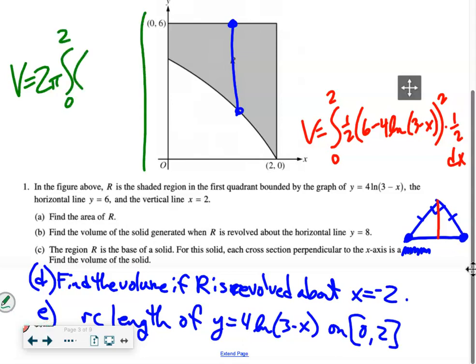Our radius: this is our axis, so think of an x as being somewhere in here, right minus left: x minus -2, or x plus 2. And then height is top minus bottom, so it's 6 minus the log function, which I wish they had named f of x. You could write let f of x equal that, and then use f of x. Just so you know, arc length is the integral of the square root of 1 plus f prime squared.